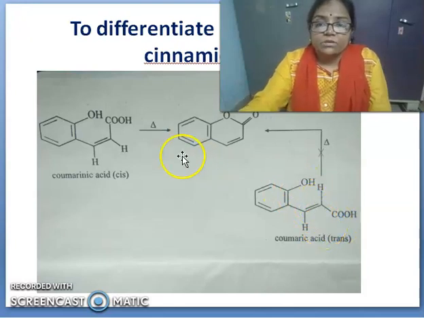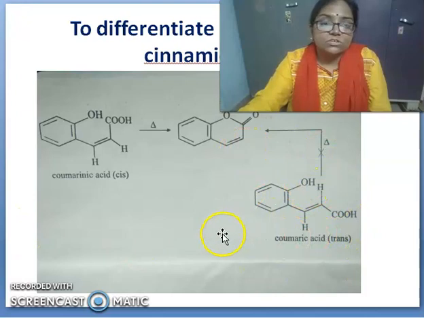The one which readily forms the anhydride, here coumarin, is the cis isomer. The one which does not form the anhydride is the trans isomer. So this is how we are able to differentiate the cis isomer from the trans isomer.